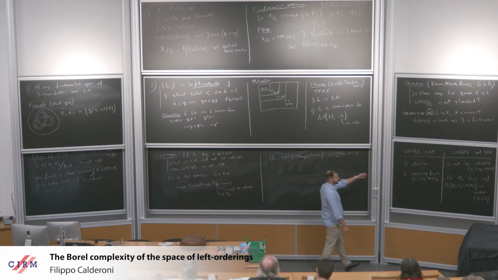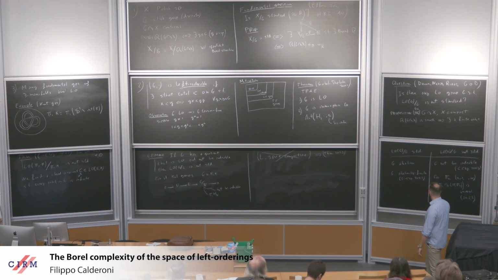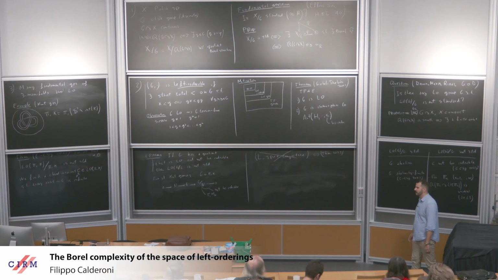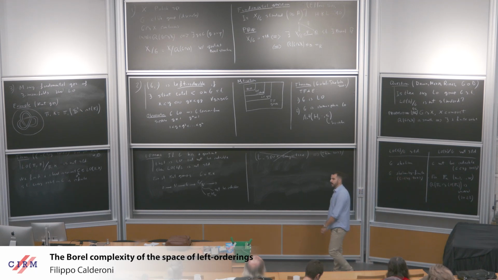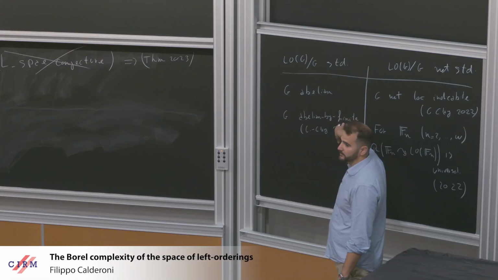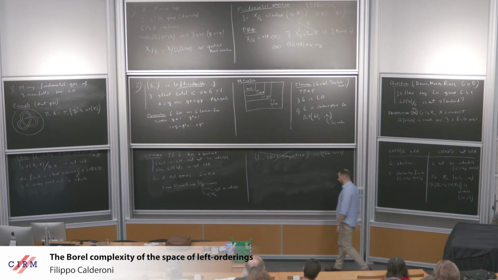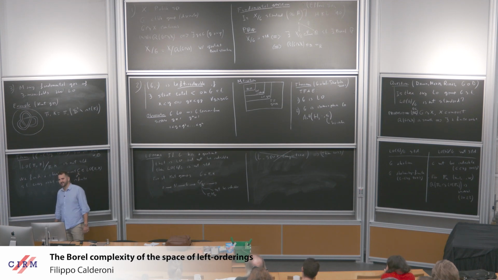It's a very interesting example. Here I didn't mention every group that we have considered. We started working more recently on groups that are amenable. My conjecture is that the only groups for which the space is standard are the groups that are abelian-by-finite. At least these are the only examples that we have. It still seems very challenging to prove that.